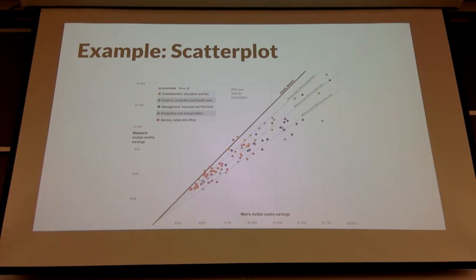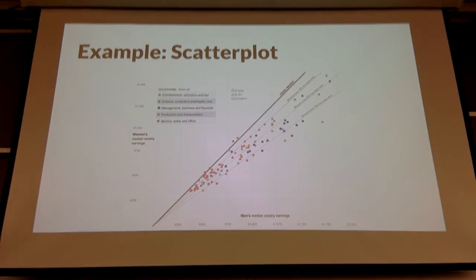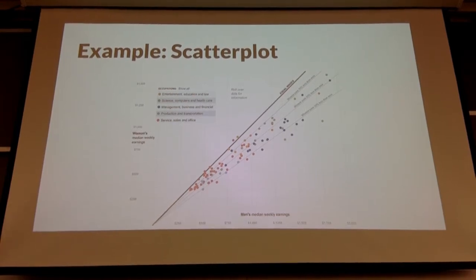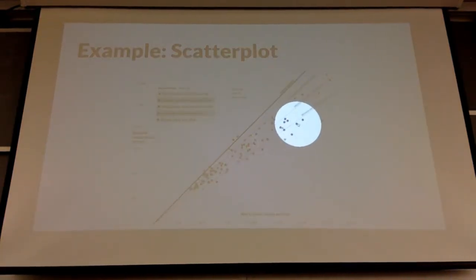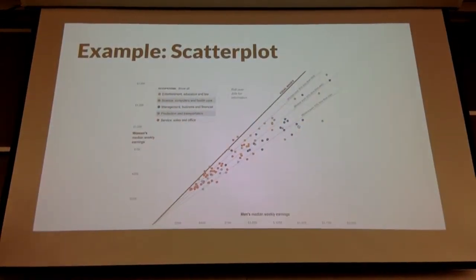What other visual variable other than position am I using here? Color, yes. And color here is used for categorical, for these professions, and we can see that management and business, the blue ones, which are in the higher range here, is where women actually underperform significantly in terms of what they get paid.